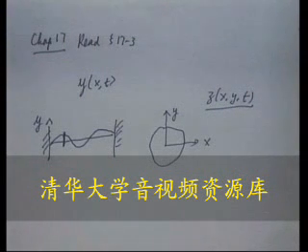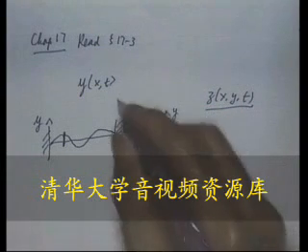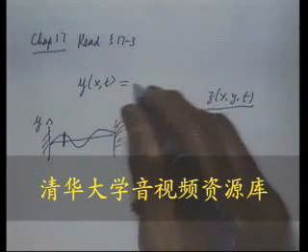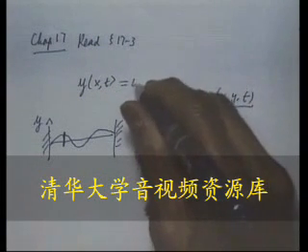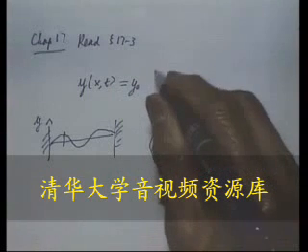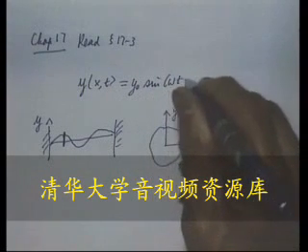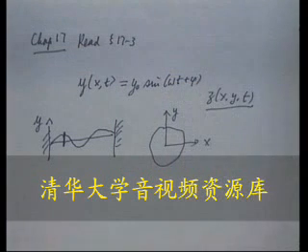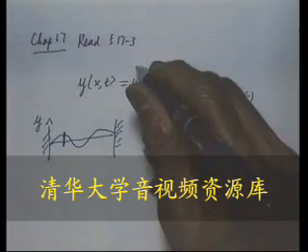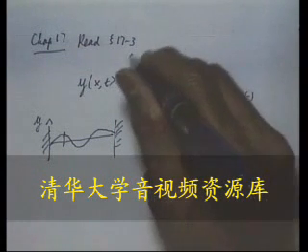A typical vibration is like this: y is equal to y0 times sine or cosine of omega t plus phi. y0 is called amplitude.